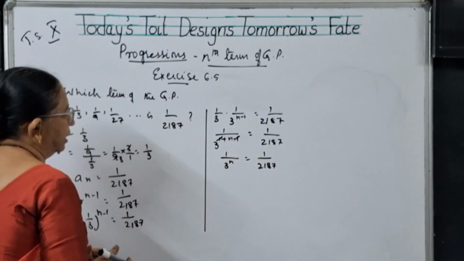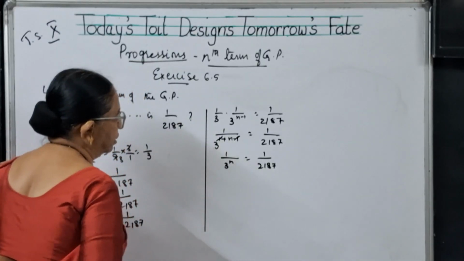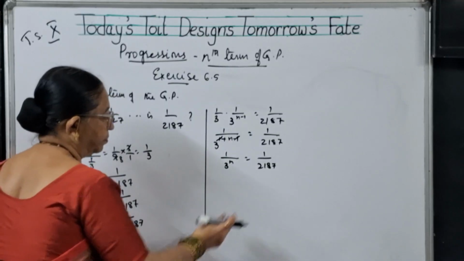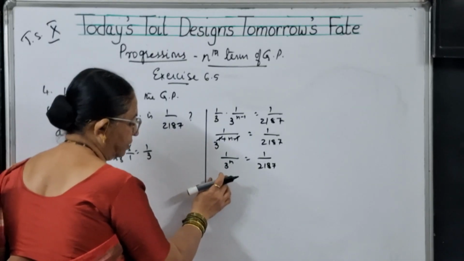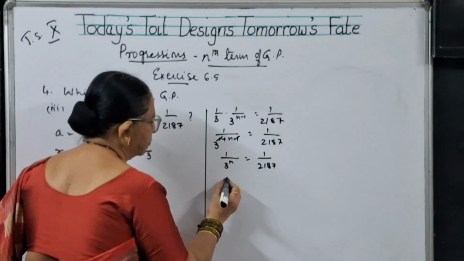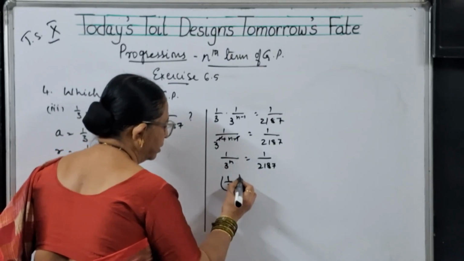That means let us consider this. 2187, we have to write in terms of 3 base, so we will be writing it as 3 base. 1 by 3 whole to the power of n, we can write it like this.